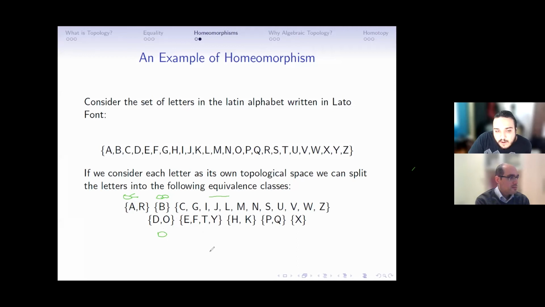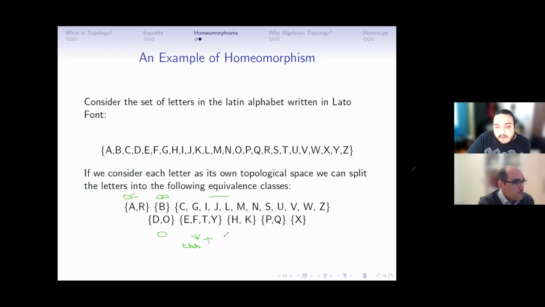These four, they're like three legs popping out from each other in some way. So this one's a bit trickier to see. So we can extend this line, and you have E like that. If you remove that, then you have one leg here, one leg here, and one leg here. And T is the same, right?